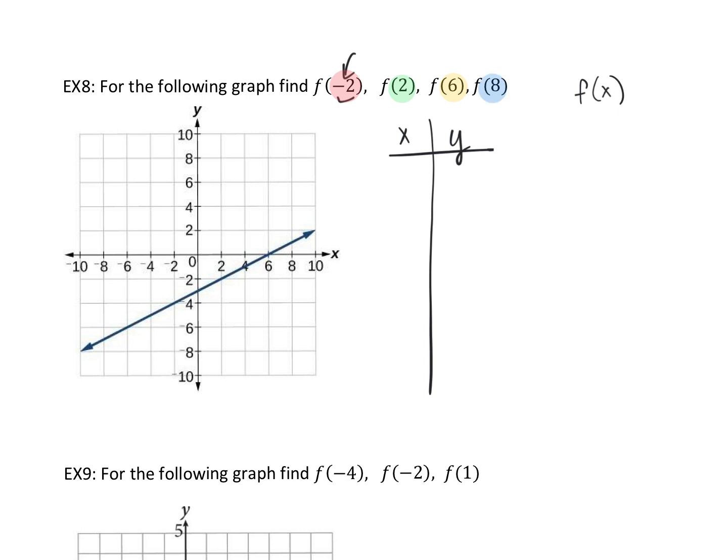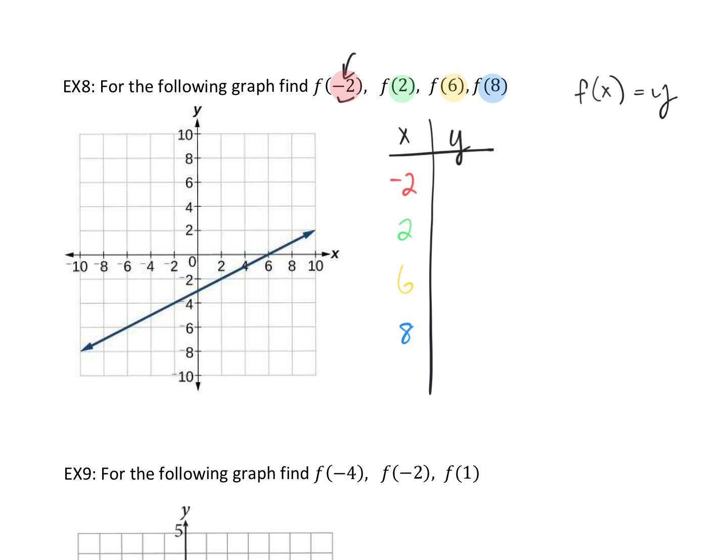So I just need to figure out what the y values are for these, remember, because f of x equals y. So I'm looking at negative 2, positive 2, 6, and 8 for the x values, and I want to see what the matching y values are.